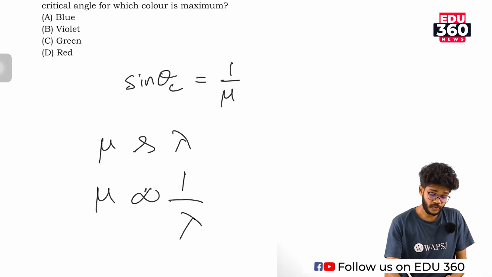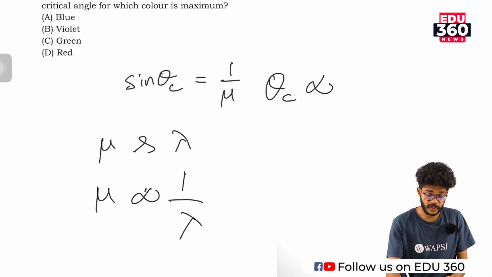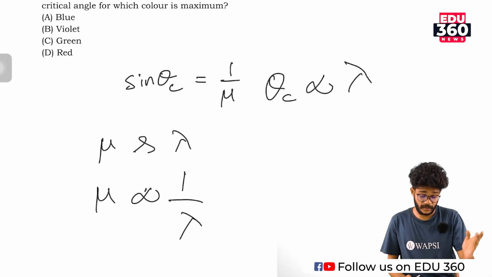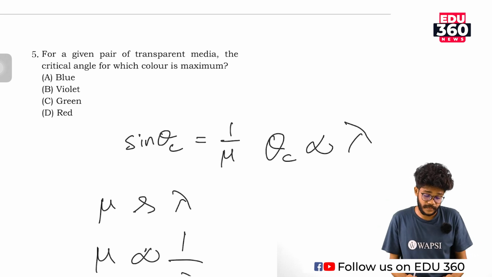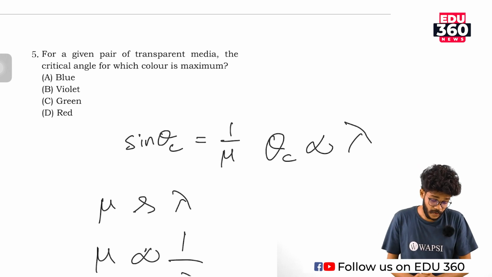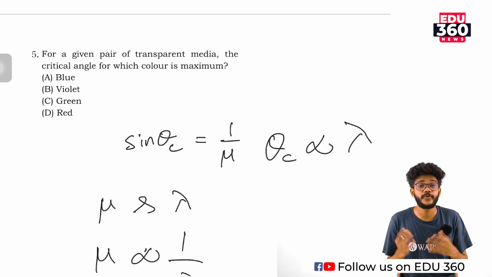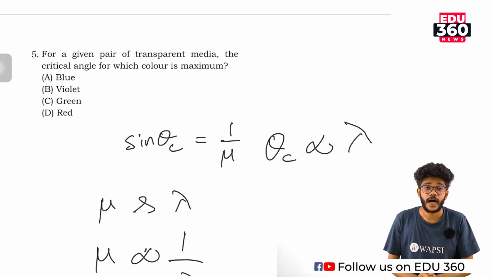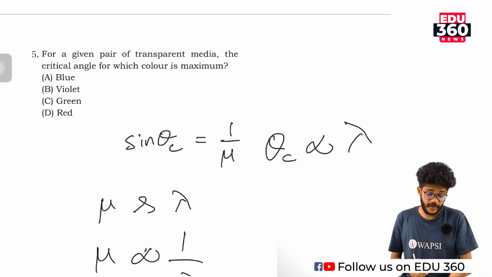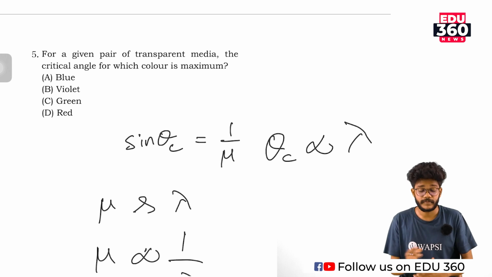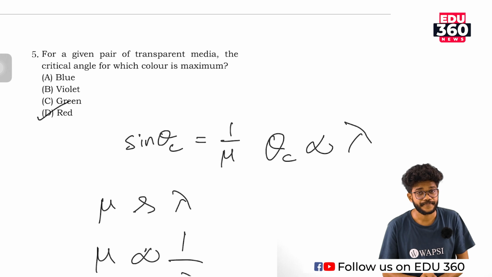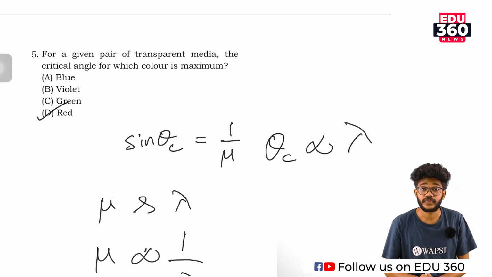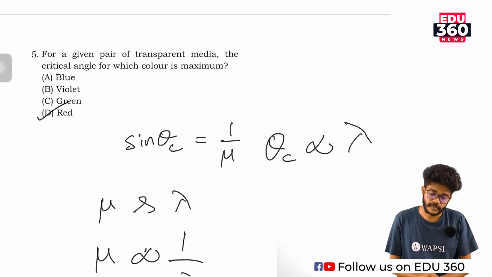Actually theta C is directly proportional to lambda. That means the critical angle will increase by increasing the wavelength. Which wave has the higher wavelength: blue, violet, green, red? Obviously red has the higher wavelength. So the red light has the higher critical angle. Okay, then we can move to the next question.